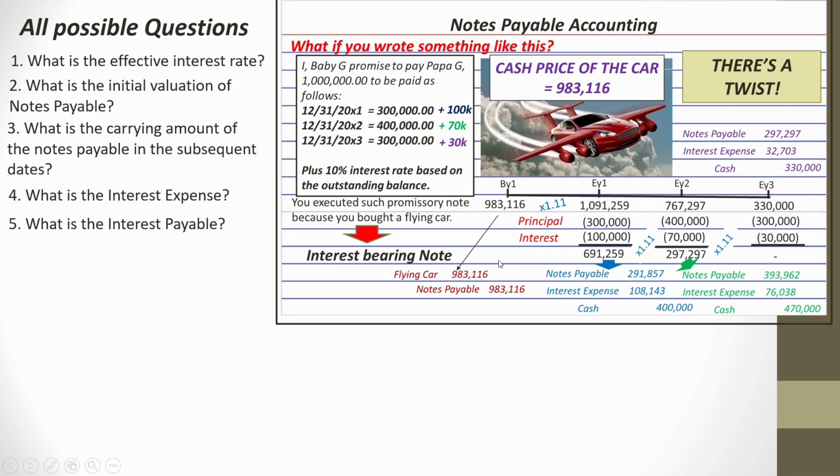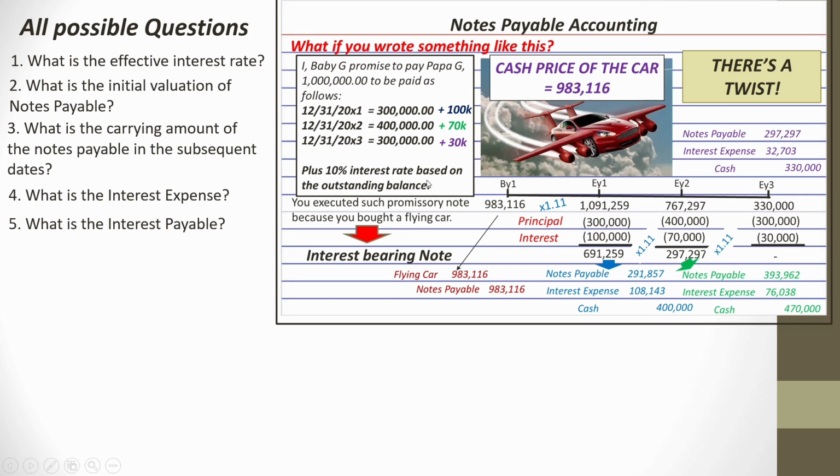Okay? And aside from that, sometimes the interest payable is zero if you did not agree on interest payments. Now, for example, in this illustrative problem, if this clause here is erased and all that's left are these principal payments of 300,000, 400,000, and another 300,000, then there will be no interest payable because in the very first place, you have not agreed to pay any interest.